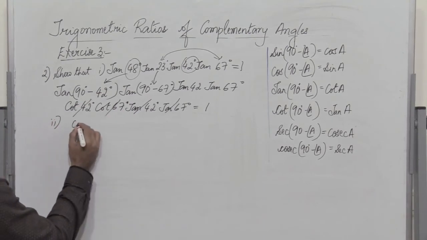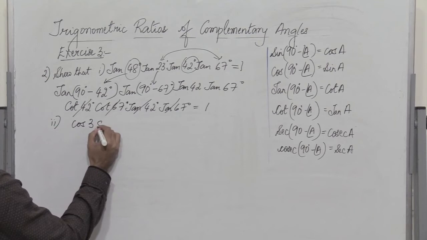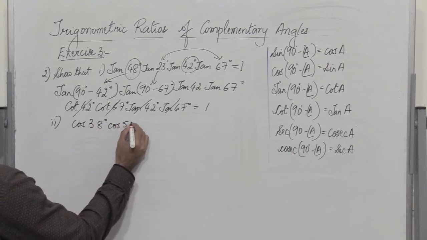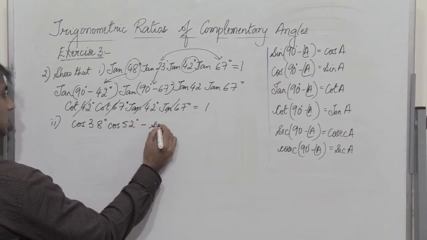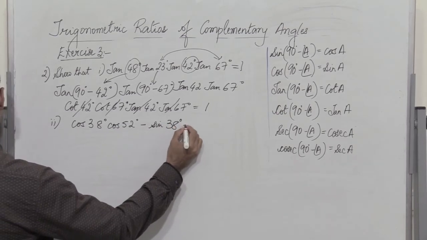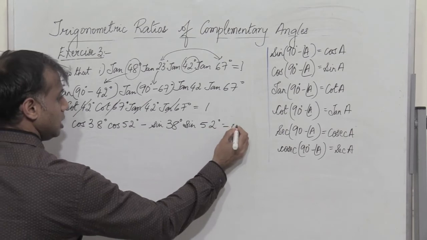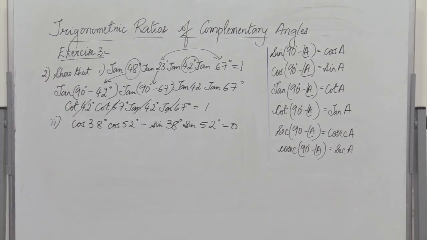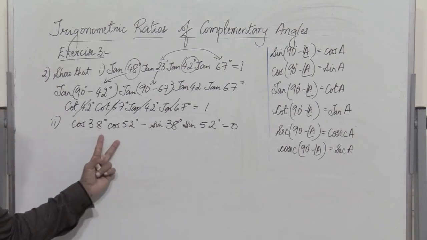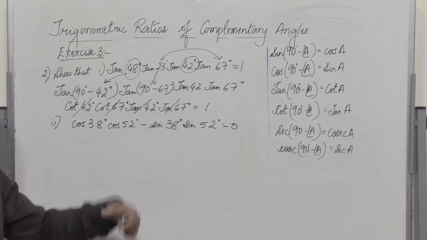The second one: cos 38 into cos 52 minus sin 38 degrees into sin 52 equals 0. Again here we observe that when you add these two angles it is 90, and when you add these two it is 90 here.